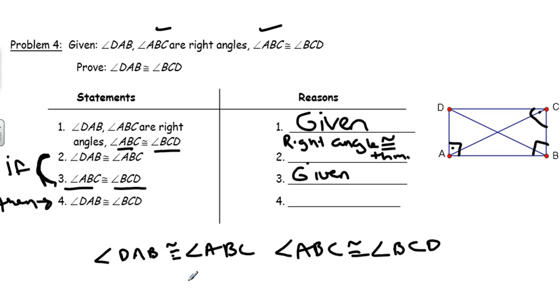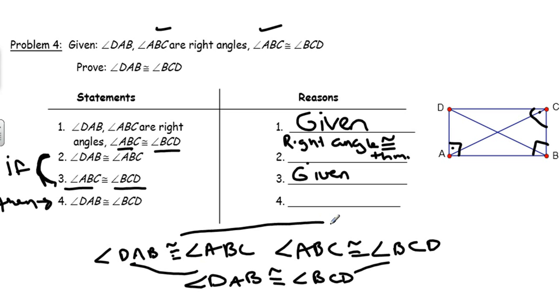We are left with our then, which is angle DAB congruent to BCD. So we kept our first term, kept our last term, and we lost the ones in between. The two middle terms are the same back to back. It's called the transitive property of congruency.